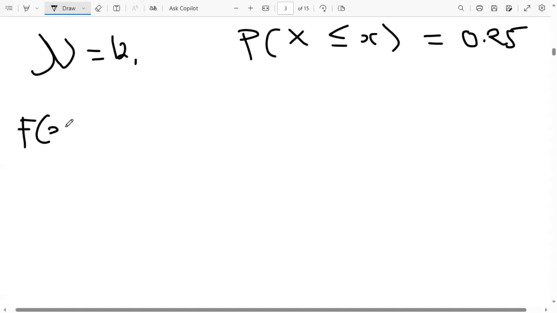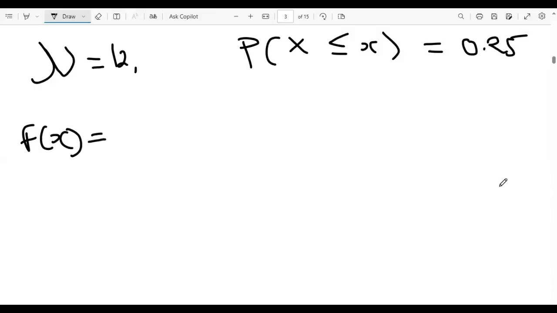So the f of x here, let me write the small letter f. The probability density function, the PDF of the exponential distribution, is given by this formula.